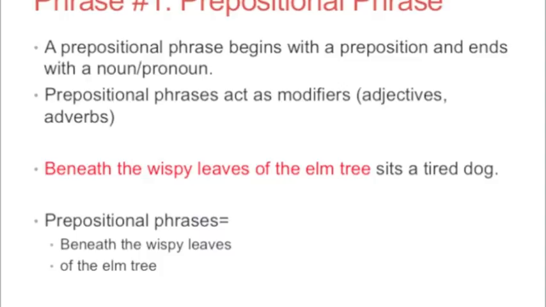And then the next one starts with the preposition of, and then ends with tree, the object of the preposition, of the elm tree. And both of those modify where the dog is sitting, right? So beneath the wispy leaves of the elm tree sits a tired dog. All right, so that is basically how you'd use a prepositional phrase.